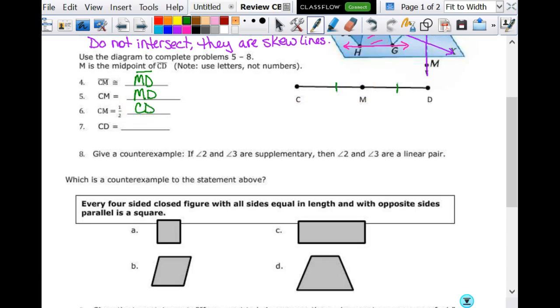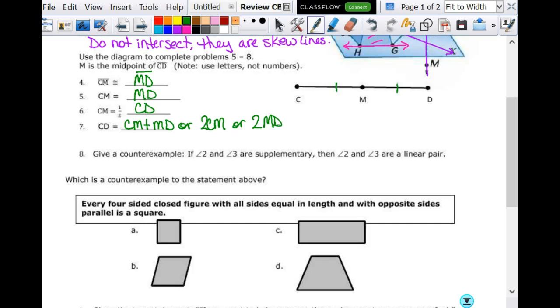And then the length of CD, there's actually 3 different answers you could have here. The length of CD is CM plus MD, or 2 times the length of CM, or 2 times the length of MD.